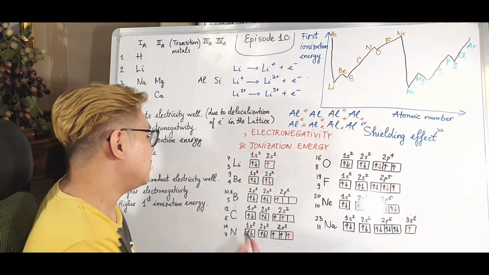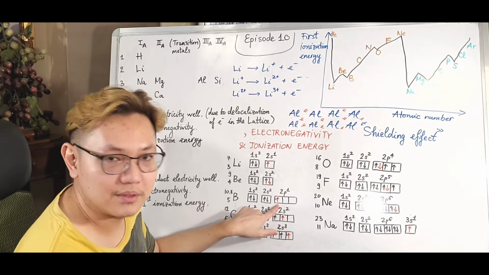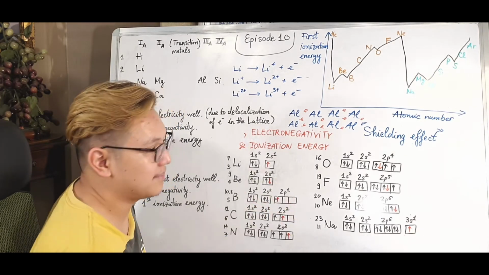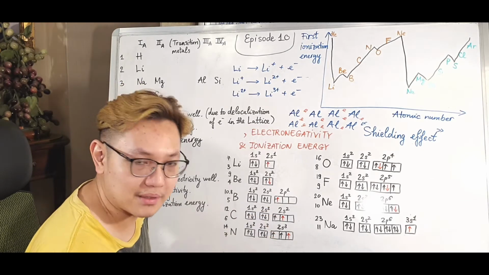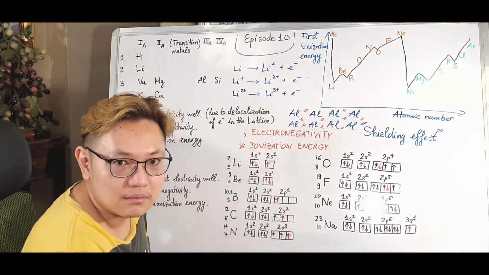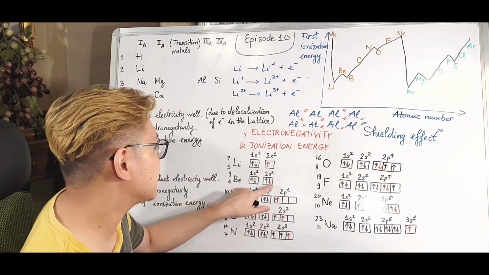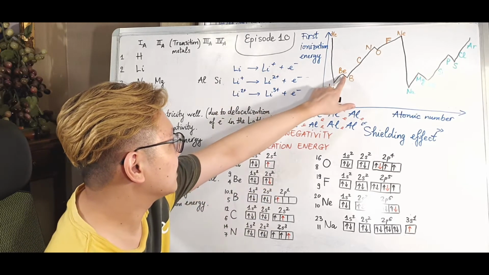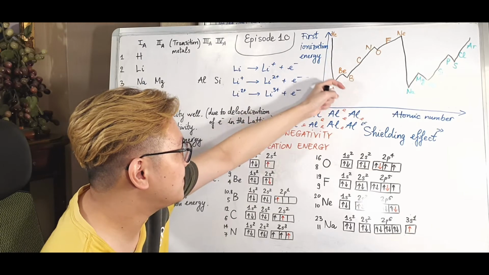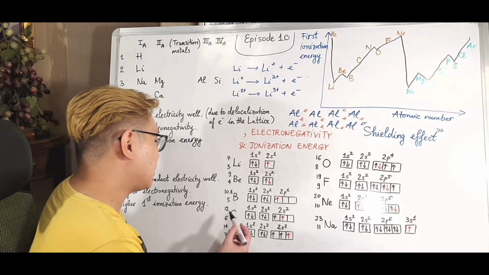Now, as you move to boron, this is the electron that needs to be removed, and it's in the empty or relatively empty P subshell. So it's empty, it's lonely, so it's relatively easier to remove compared to this case. So that's why the first ionization energy of boron dropped down a little bit, you can see. Now, move on to carbon and nitrogen.